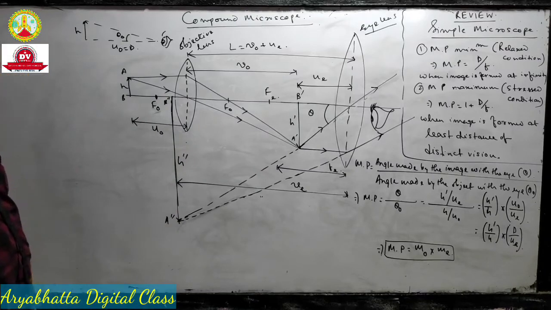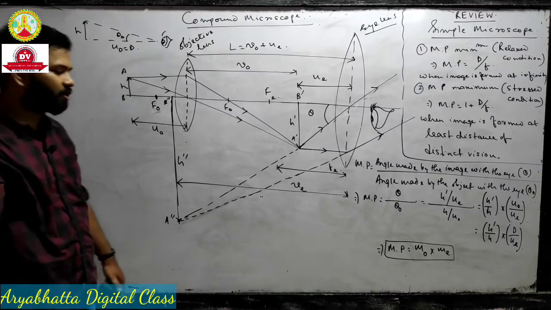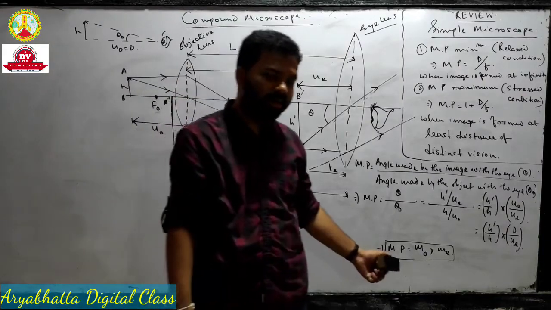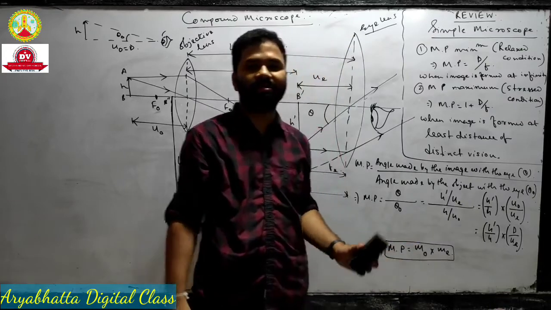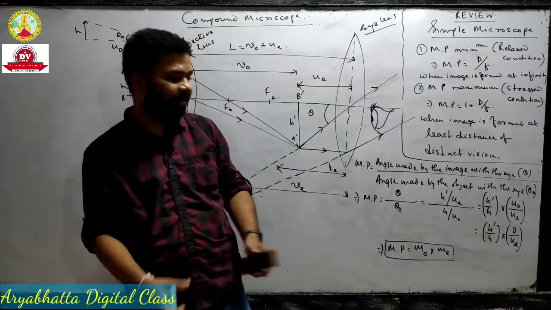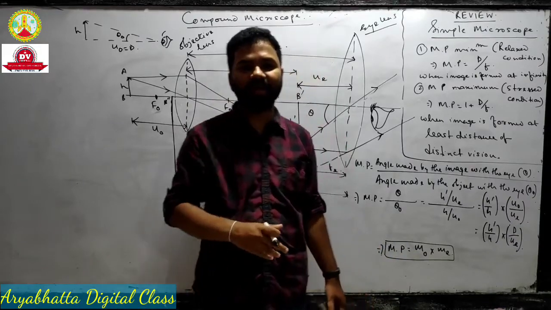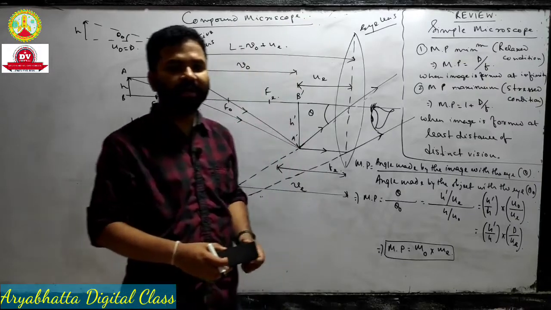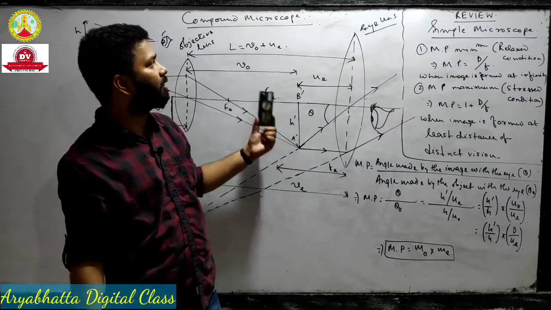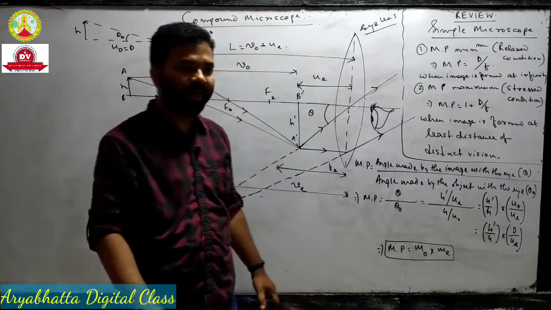Okay, so from that equation it is clear that in case of compound microscope the magnifying power is the product of magnification produced by the objective and the eye lens. So when you multiply two magnifications, it will obviously give us a higher value of magnification. That is why the magnifying power produced by compound microscope has a very high value.